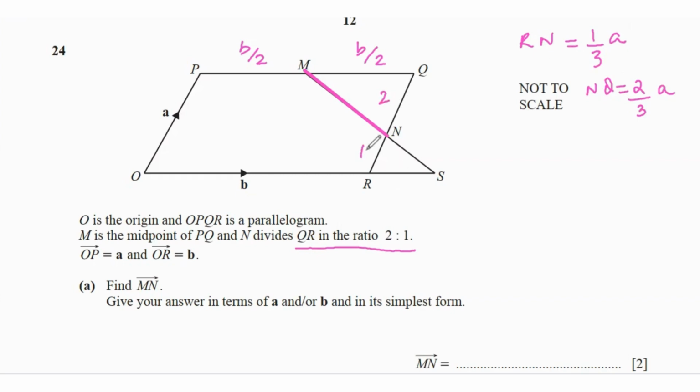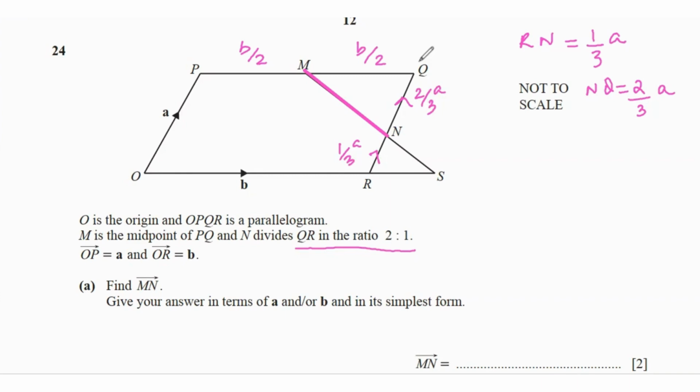So 1/3 of A and 2/3 of A. So now that we have determined our vectors, let's write this over here. This is 1/3 of A and this is 2/3 of A.